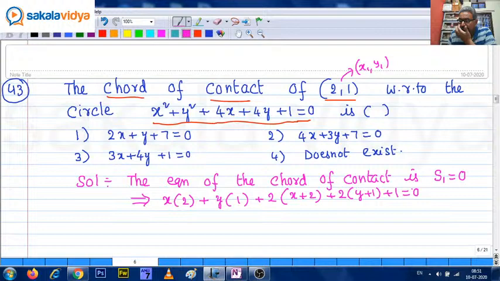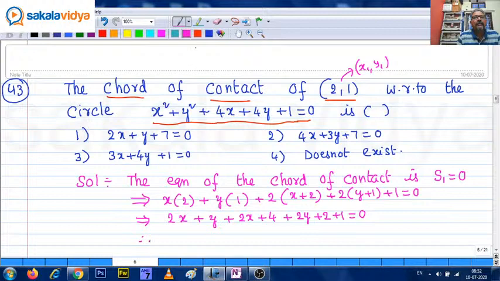Let us simplify it. 2x plus y plus 2x plus 4 plus 2y plus 2 plus 1 equals to 0.